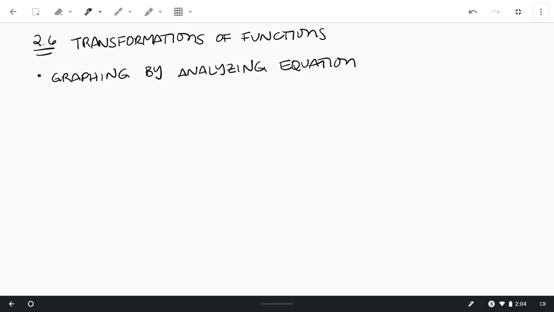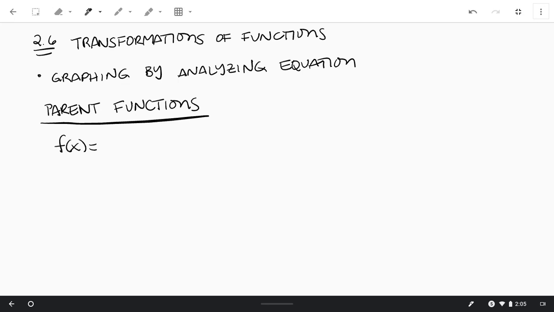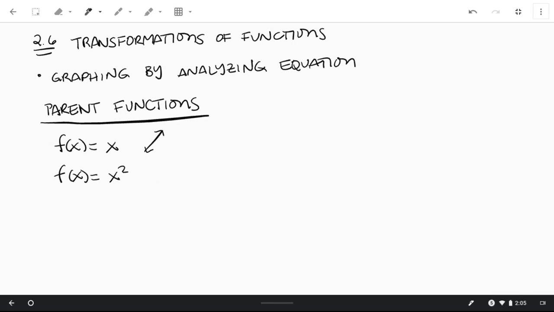Let's take a look at those parent functions that we looked at in the previous section. These are the functions we are going to focus on. We looked at the linear function, f of x equals x, and we saw that that was a line. We looked at x squared, that was a parabola.